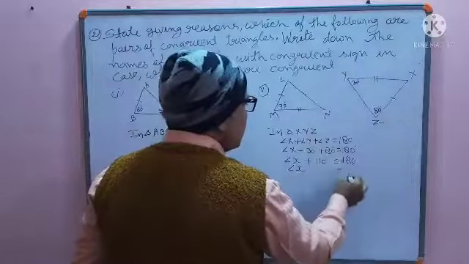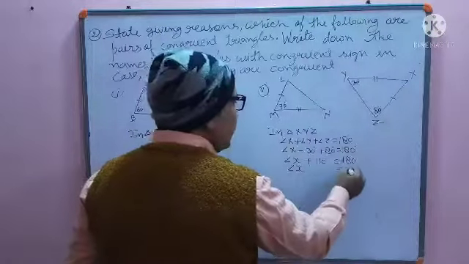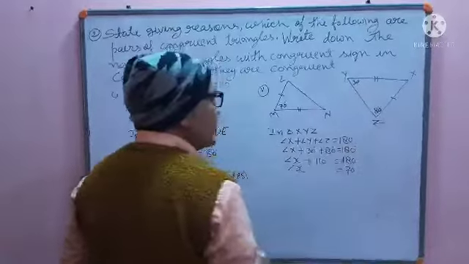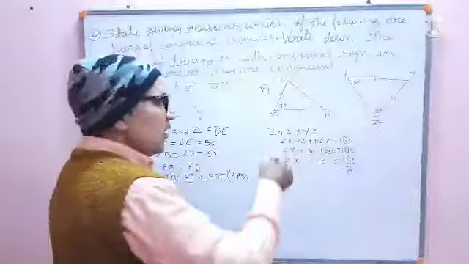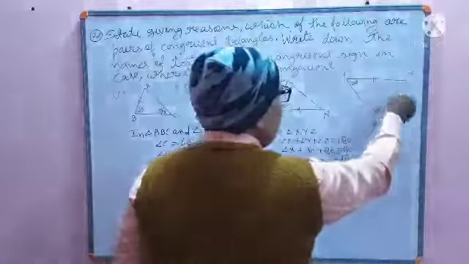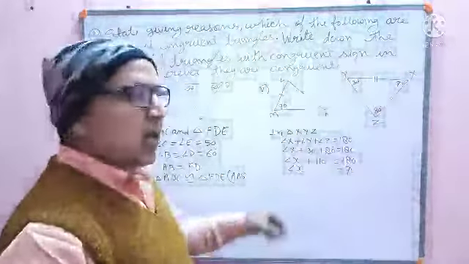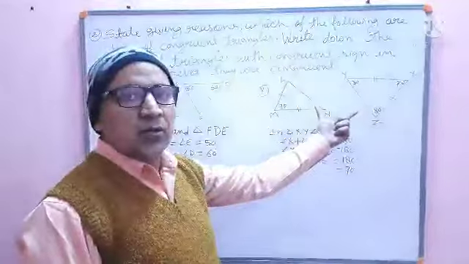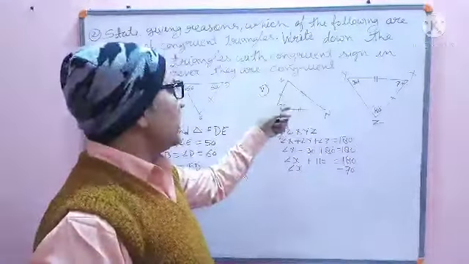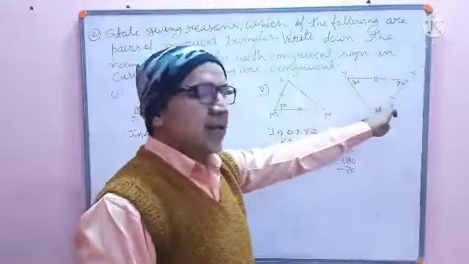So angle X is equal to 180 minus 110, that is 70 degree. Now we can see that the triangles are congruent by the criteria of side angle side.